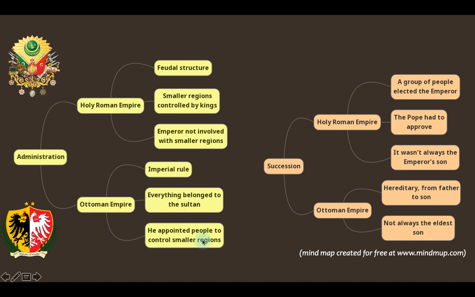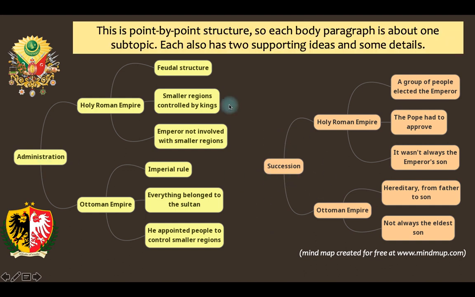So this is for body 1, and this one is for body 2, and I have administration as my first subtopic, and succession as my second subtopic. This is a point-by-point structure. So each body paragraph is about one subtopic. And then each one also has two supporting ideas and some details.